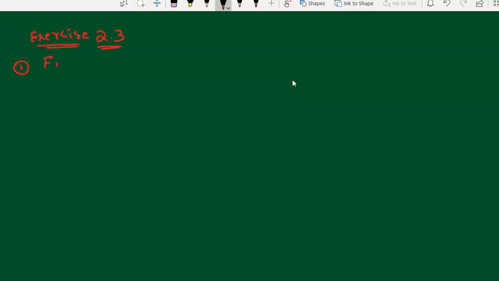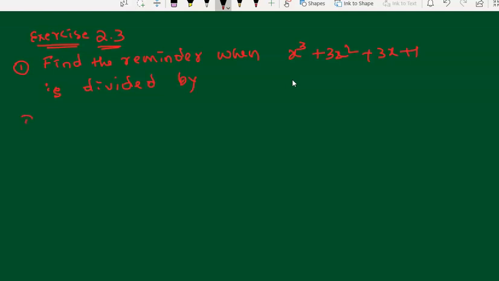Find the remainder when x cube plus 3x square plus 3x plus 1 is divided by: first, x plus 1, what is the remainder?